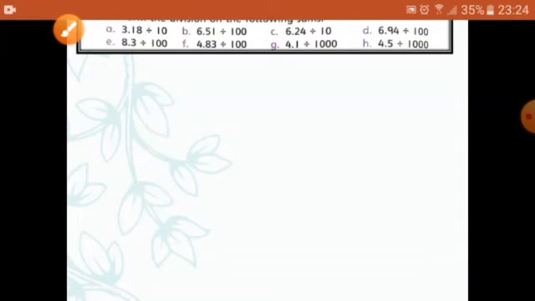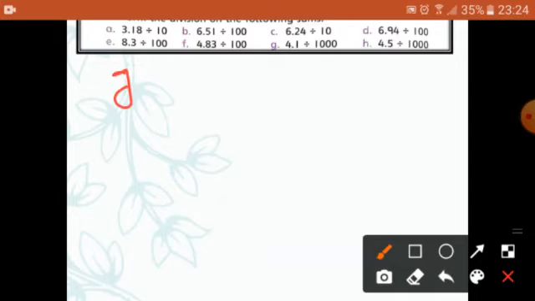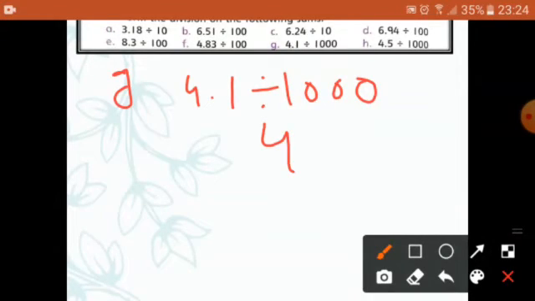Let's take another example like G part. 4.1 divided by 1000. So 4.1 divided by 1000, how many zeros are there in 1000? 3 zeros. So how many times does this decimal point move towards left? Yes, number of zeros 3, so number of places 3. So let's move one step taken, second step taken, but I don't have anything at the second place.